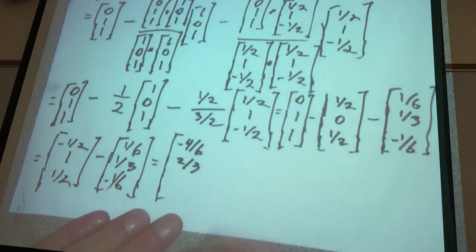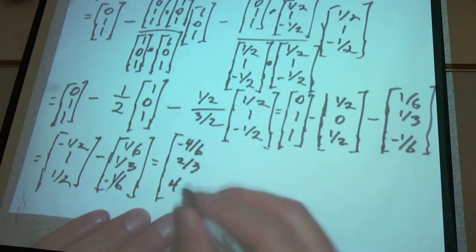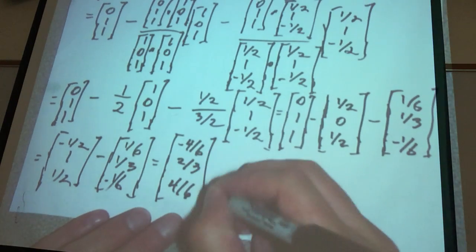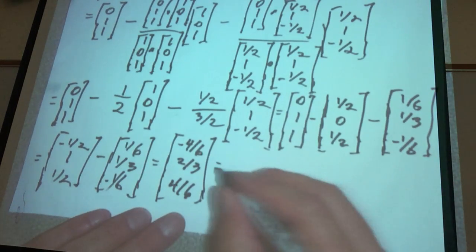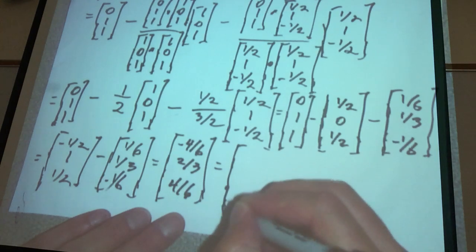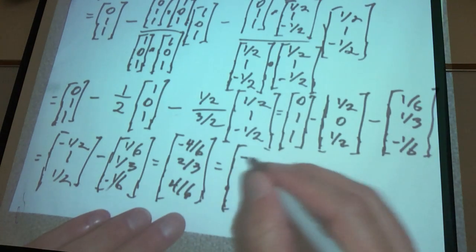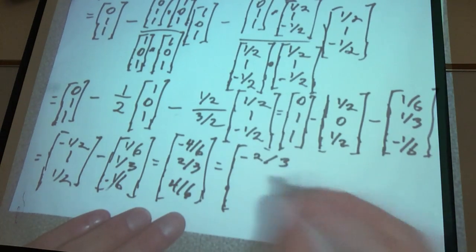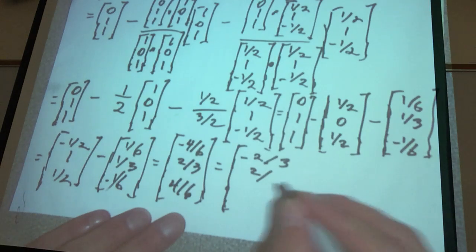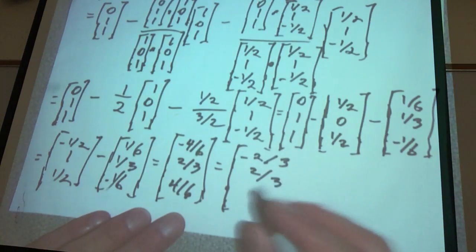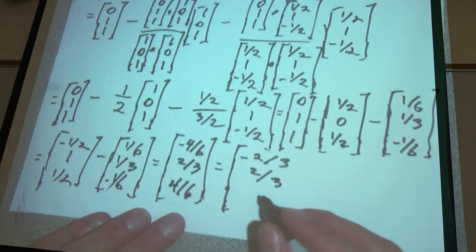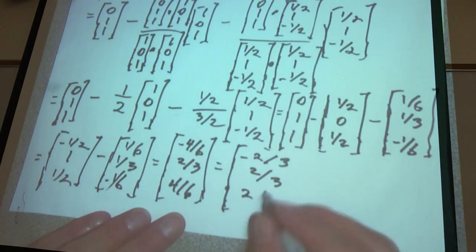And 1 half plus 1/6 would be 3/6 plus 1/6, which would be 4/6. And to simplify that out, that would become negative 2/3, 2/3, and 2/3.